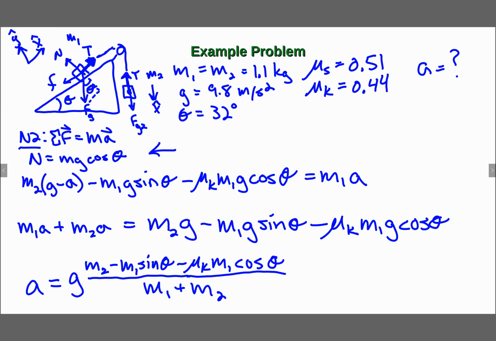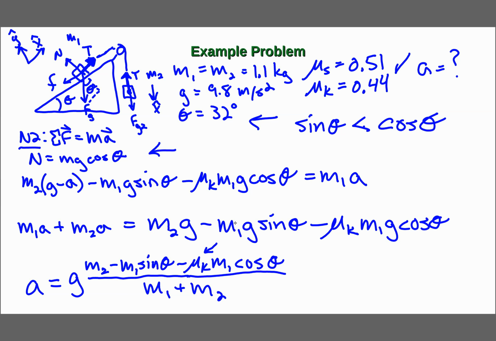And sine theta, I know, is going to be less than 1, right? In fact, because my angle is less than 45 degrees, I know that sine theta is less than cosine theta. For less than 45 degrees, sine theta is less than cosine theta. As we go above 45 degrees, sine theta is bigger than cosine theta. But I also have this little guy right here that I know is much less than 1.